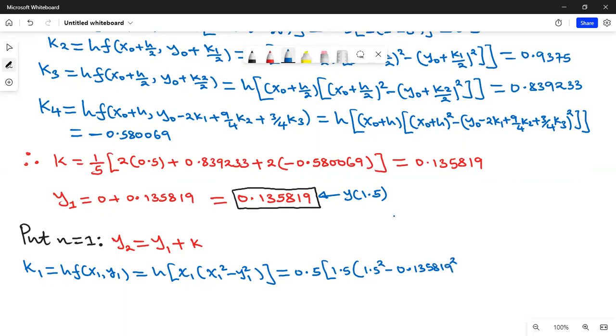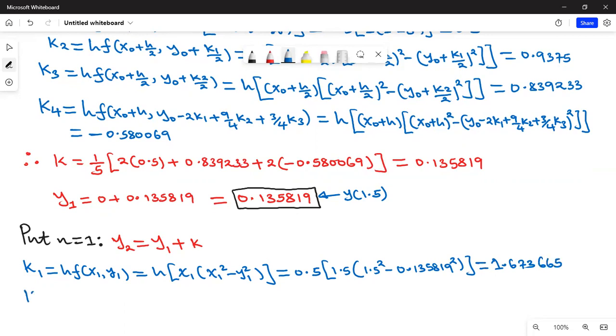Again, you square this. When you press in your calculator, you need to get the value of k1 as 1.673665.